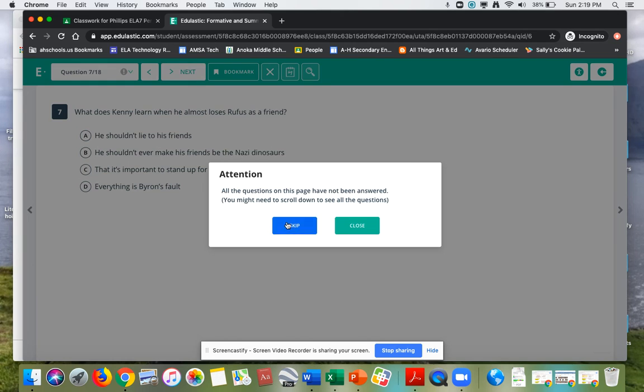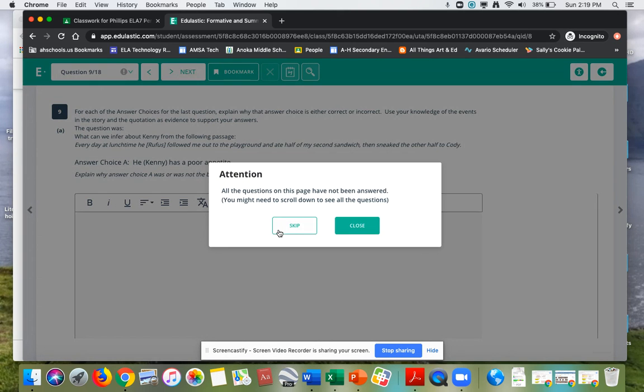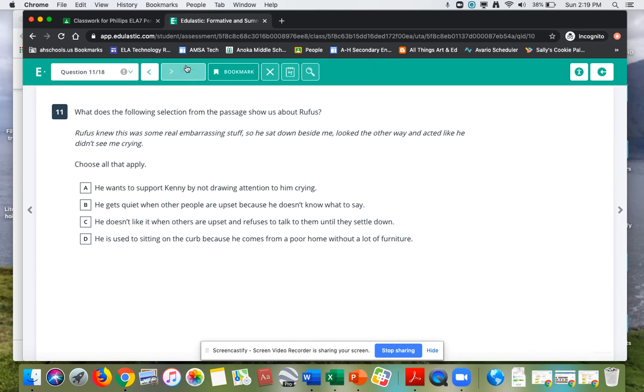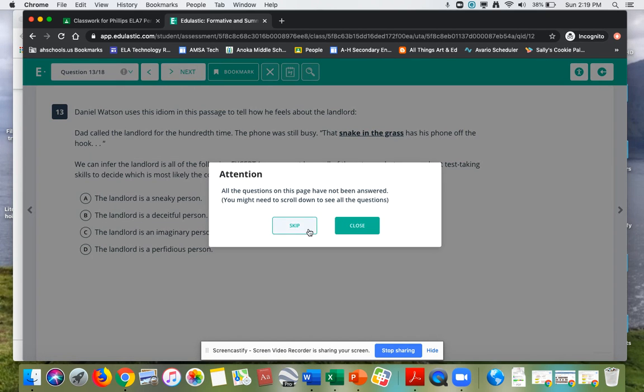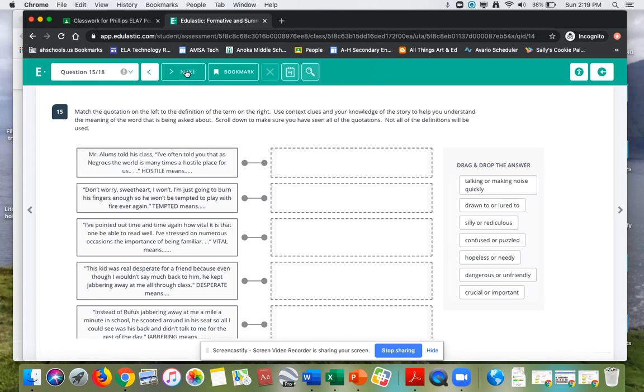Once you get to the very end of the test again, so we have to go all the way to the very end. So if you leave something blank, it warns you.